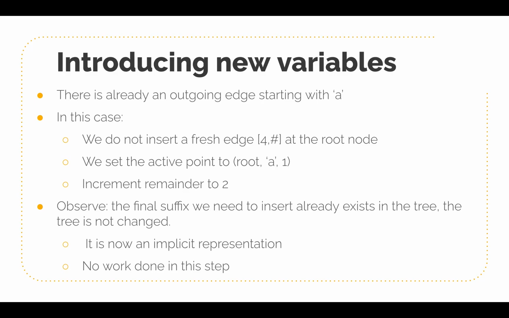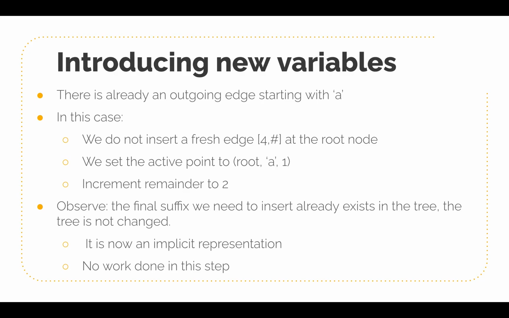We set the active point to root, A, 1. That means that the active point is now somewhere in the middle of the outgoing edge of the root node that starts with A, specifically after position 1 on that edge. We notice that the edge is specified simply by its first character A. That suffices because there can only be one edge starting with any particular character. We also increment remainder so that at the beginning of the next step it will be 2.